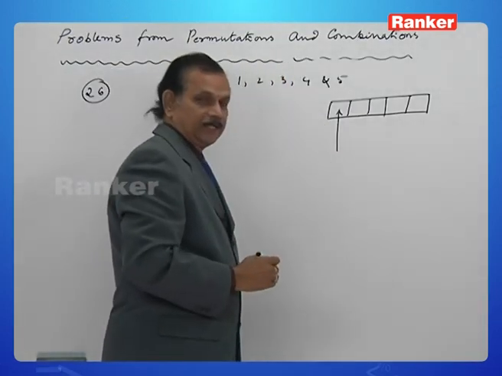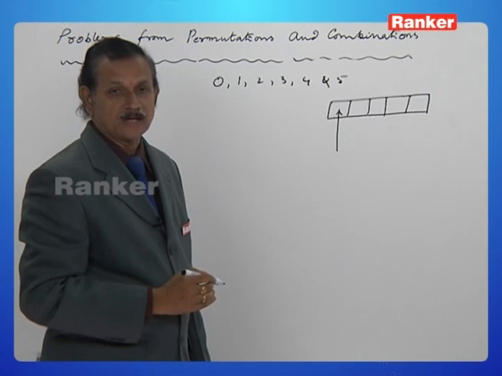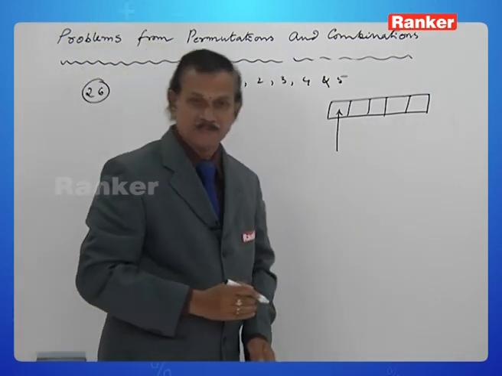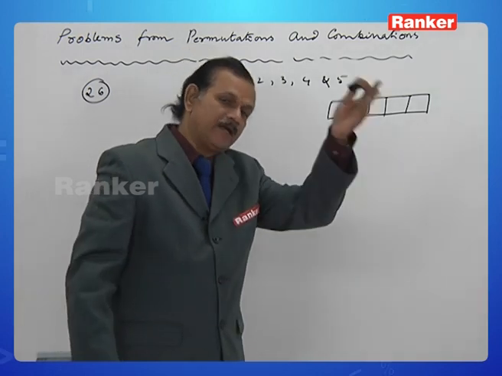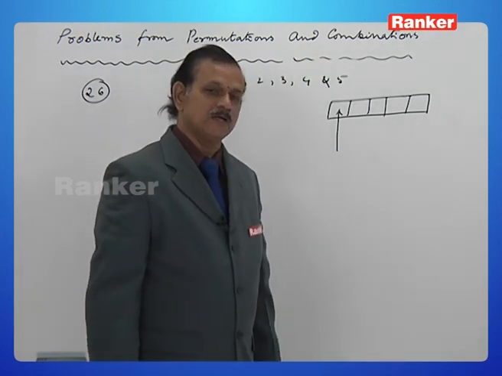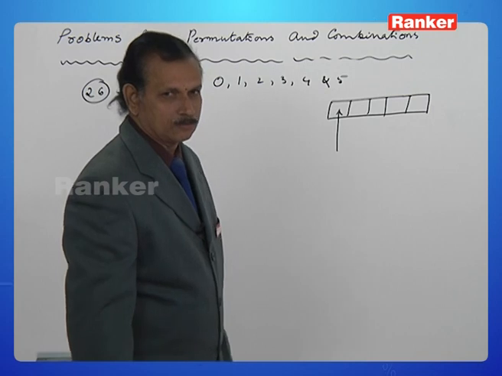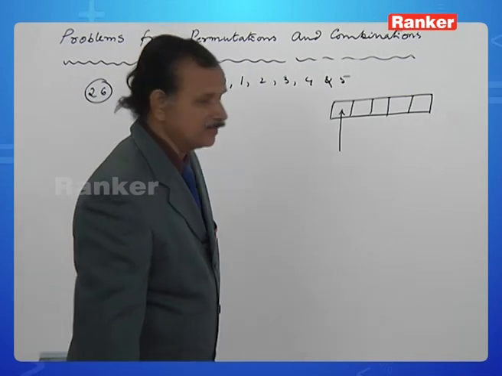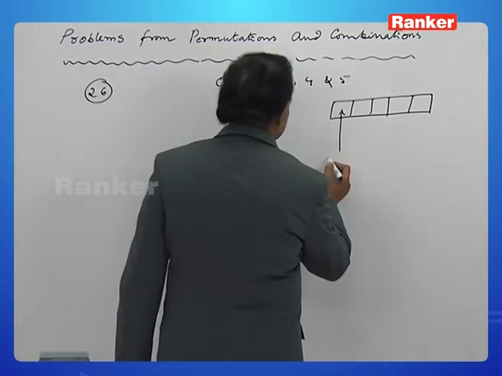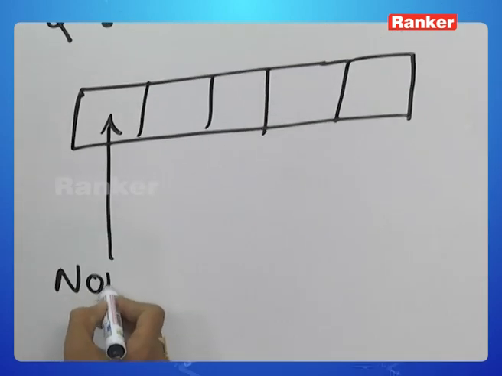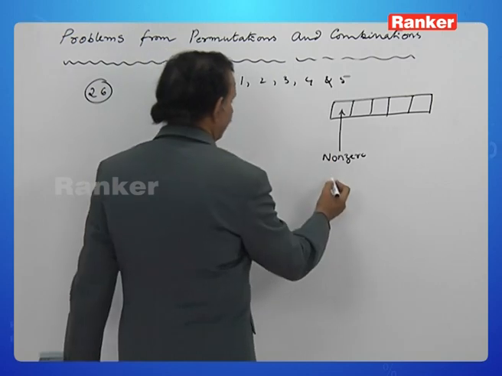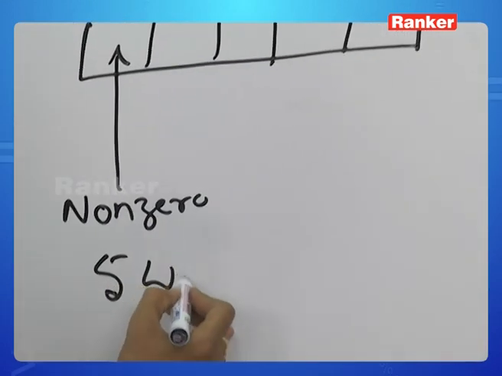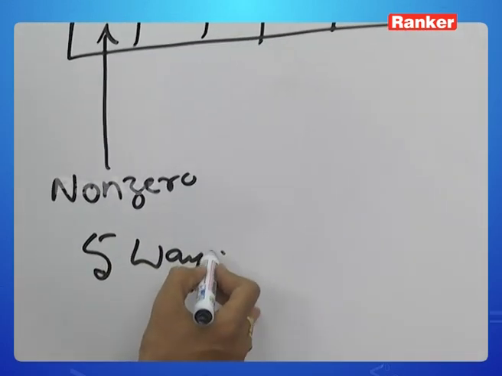In the first place, 0 is not allowed because if you have 0 in the first place, it cannot be considered a 5-digit number. It can be called a 4-digit number only. Therefore, the first place must be a non-zero digit. Hence, it can be filled in 5 ways only.